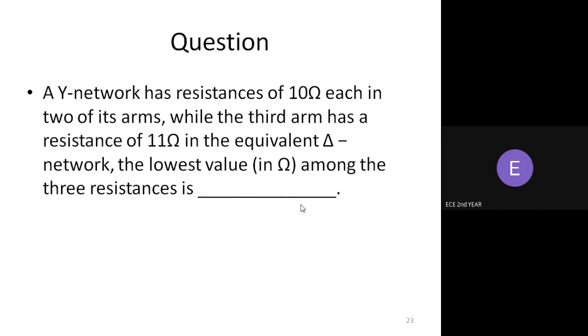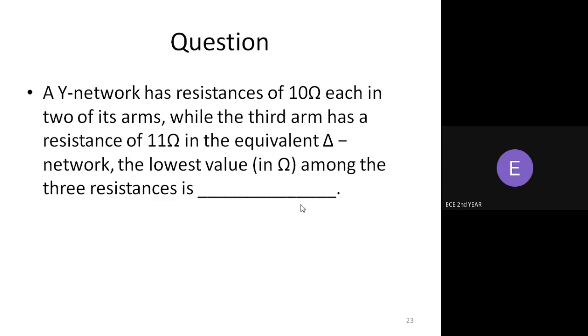A Y network has the resistance of 10 ohms each in two of its arms, while the third arm has a resistance of 11 ohms. In the equivalent delta network, the lowest value among the three resistances is.